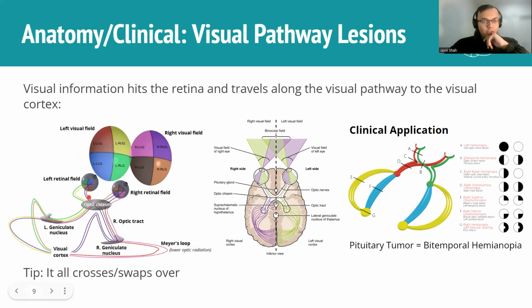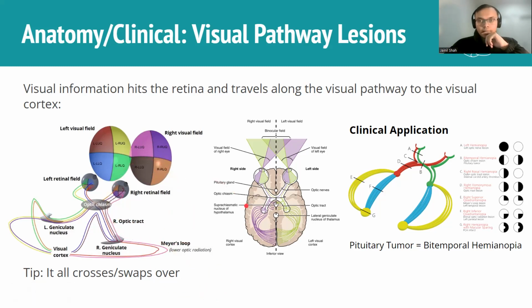Because it's medial, it'll cross over at the optic chiasm and end up inferiorly. Most importantly, the superior parts end up inferiorly and the inferior parts end up superiorly. So the main message is it all crosses and swaps over, and that's shown in the diagrams.